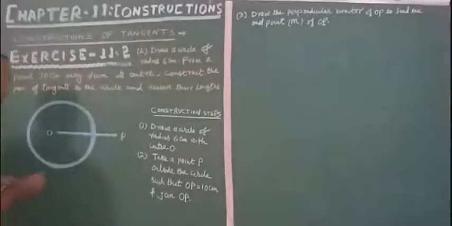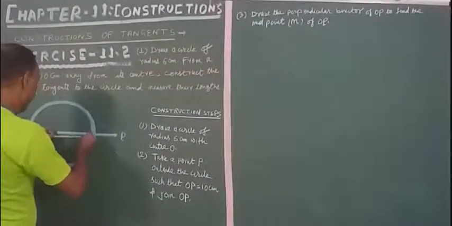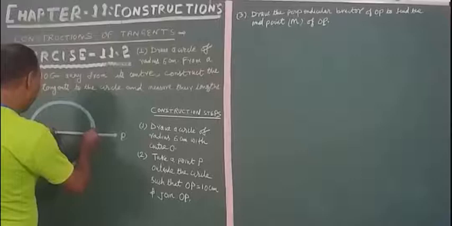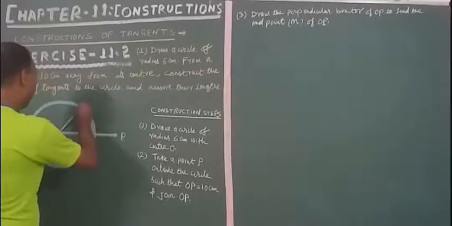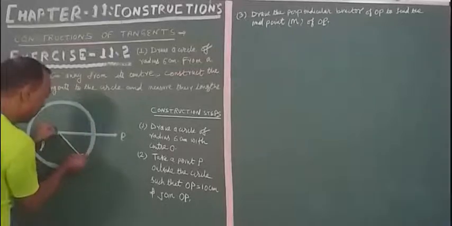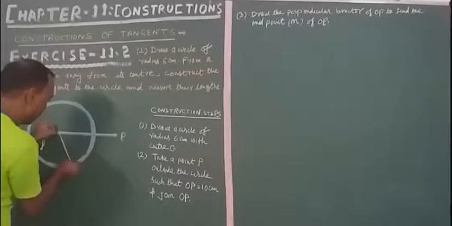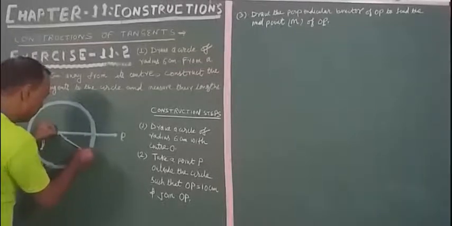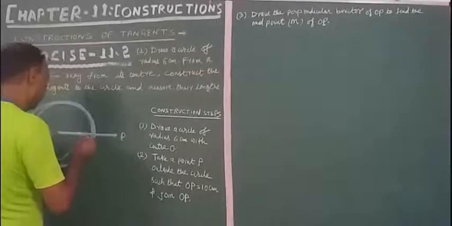We will put the compass here and more than half radius we will cut off an arc here. Just look here in this way. Just look at the arcs.